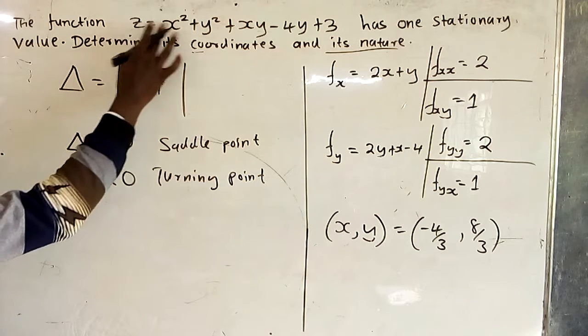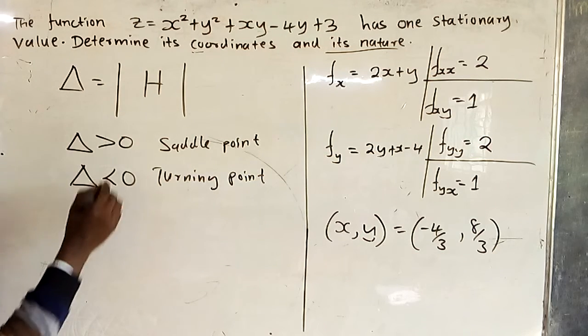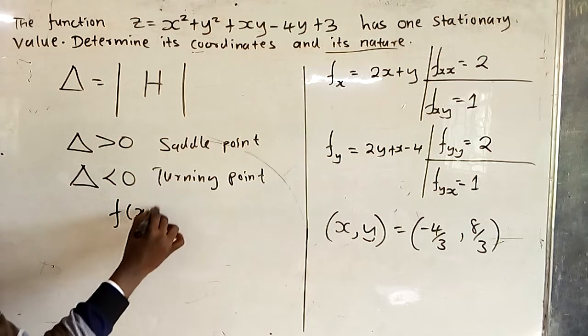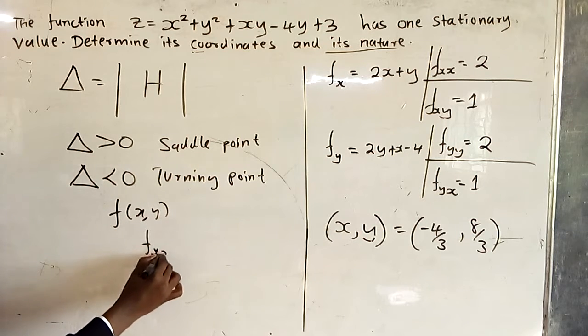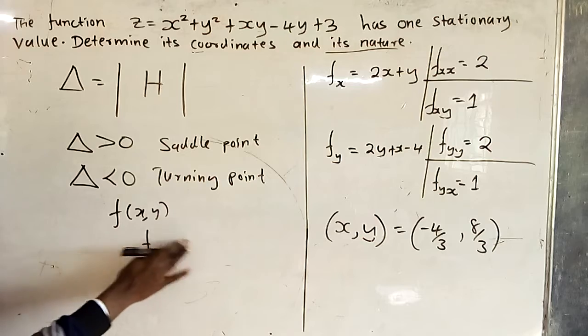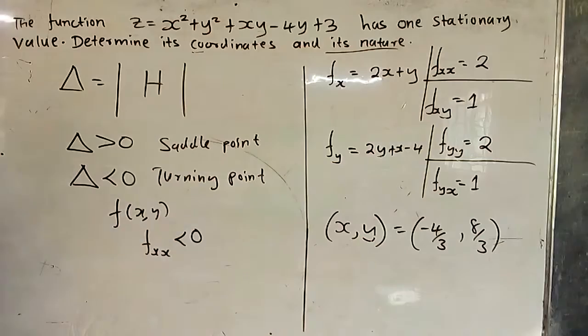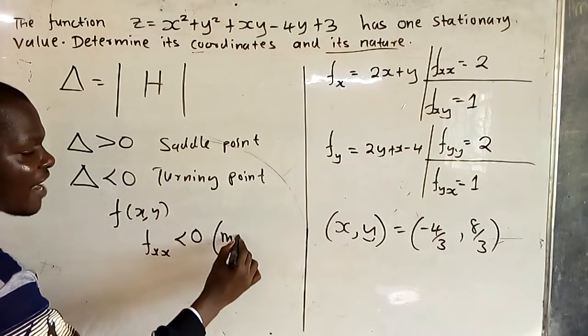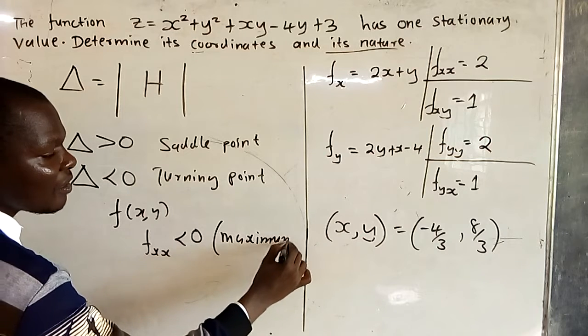So here, because z is a function of x and y, automatically you will see the first principle will be f of xx. So if f of xx is less than 0, then it is a maximum point.